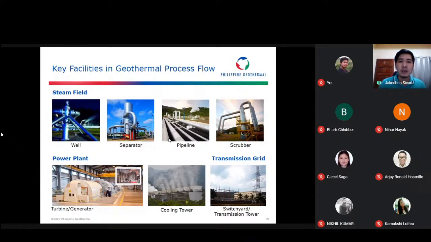In the power plant, we have the turbine or the generator, which uses that steam to produce energy. Then we have the cooling towers, which condense some of the unutilized steam, and then the switchyard, which is used for transmission of the produced electricity to its consumers.